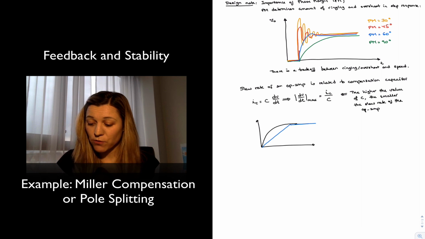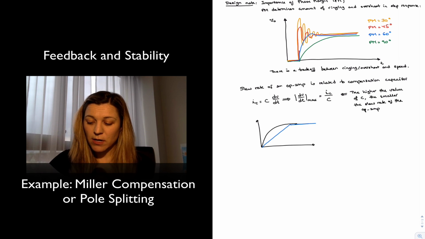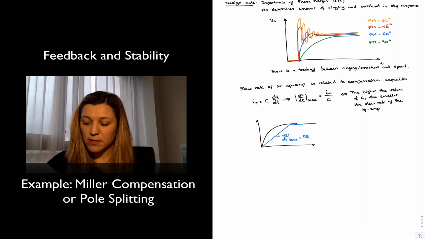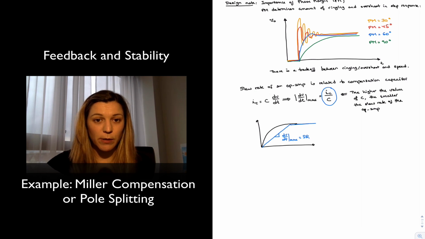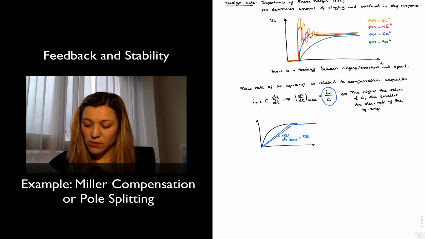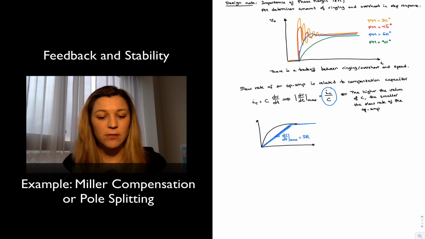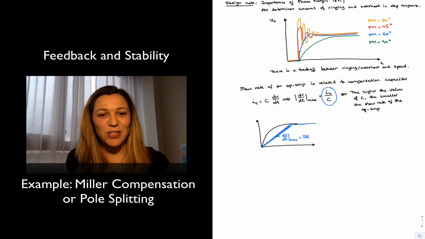And the reason for that is you can see also that dV/dt, which is in essence, this is dV/dt max, which is the slew rate of the op-amp. You can see that it is a constant quantity, IC divided by C, and so that gives us that constant slope. And so that's how the two are related. And I think that concludes our study of compensation.